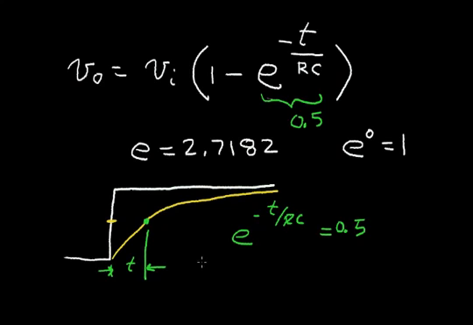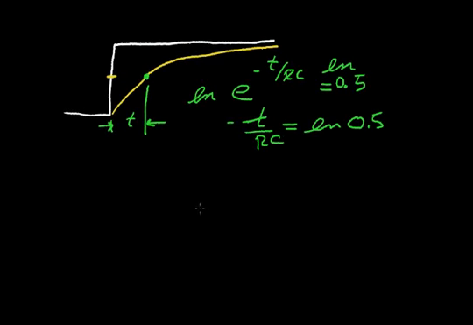So if we take the natural log of each side, I get minus t divided by RC is equal to the ln of 0.5. So time is equal to minus RC ln of 0.5.